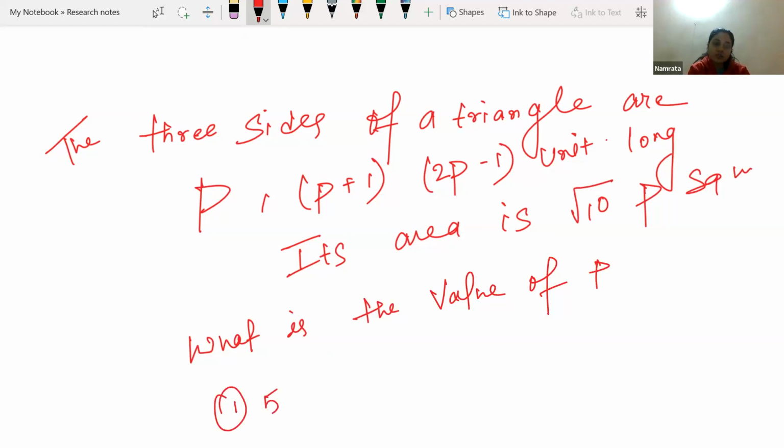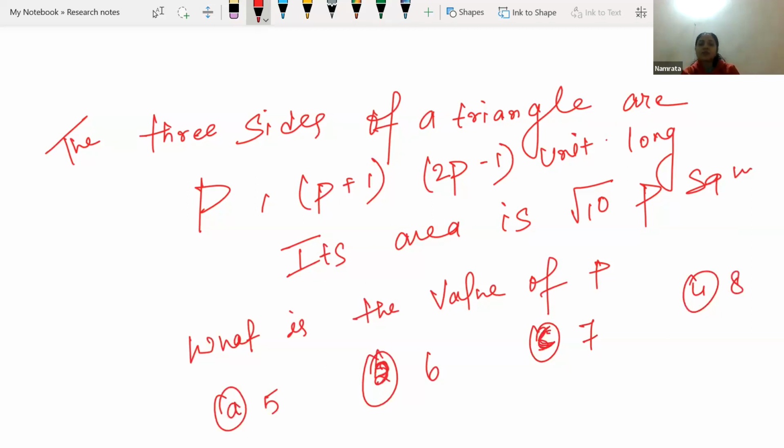Option A is 5, B is 6, C is 7, and D is 8. Okay, so let's do it.